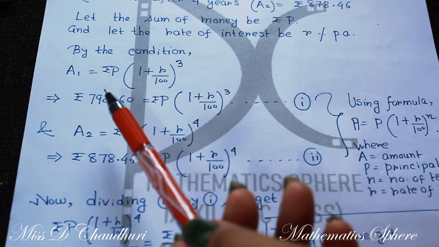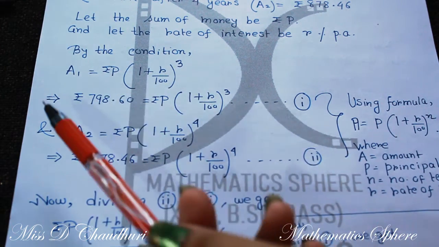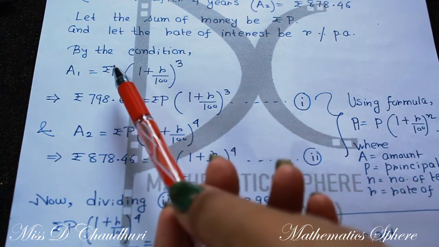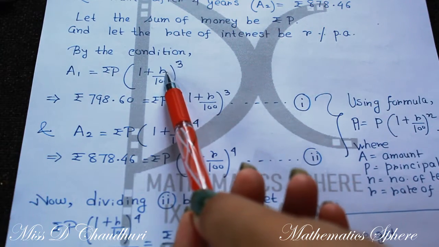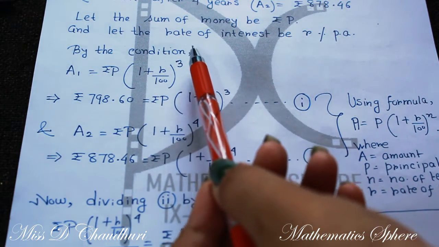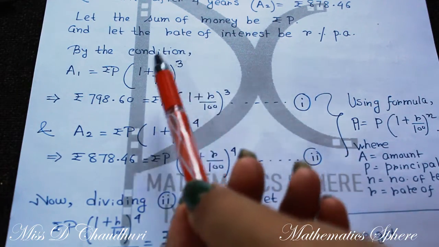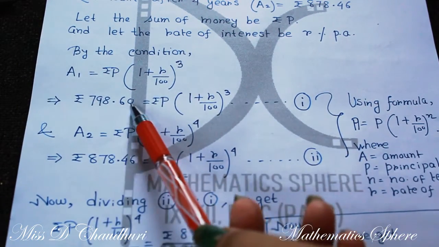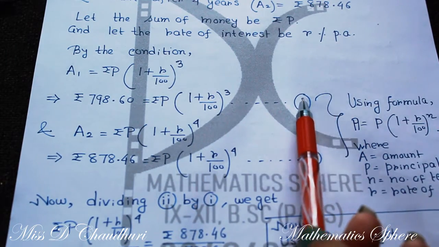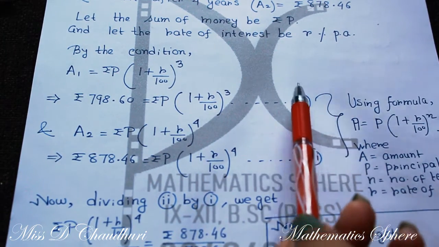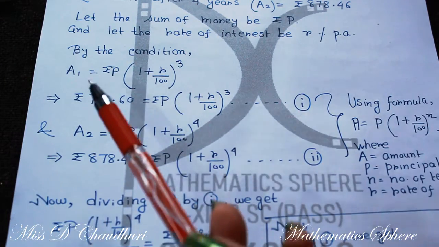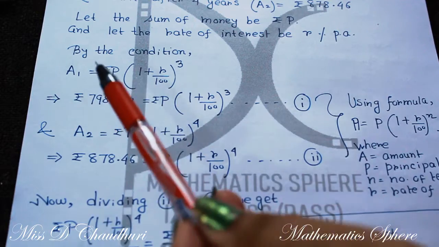We have just put the values in the formula: A1 is the amount after 3 years, P remains as it is, and (1 plus R by 100) is raised to the power 3 because it is the amount after 3 years, as we do not know the rate either. This is the first equation. You have to write the equation using the formula, and from these equations we are going to solve for P and R.